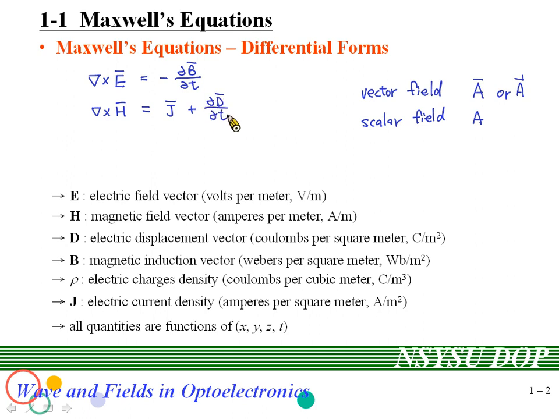And we also have two divergence equations, which tell us that divergence D is equal to rho, and divergence B is 0. These four equations are Maxwell's equations in differential forms. As we are in the department of photonics, these four Maxwell's equations are very important for us. So you have to keep all these equations in mind.